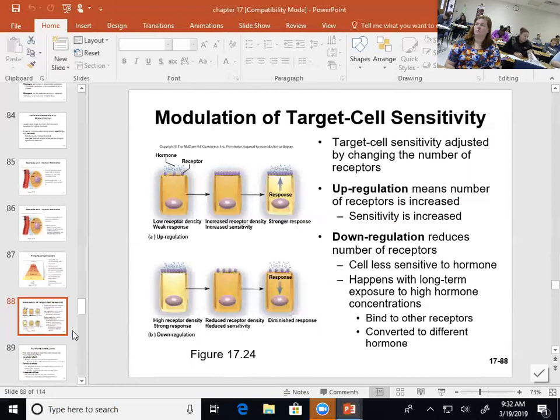So hormone disorders can be complicated, can't they? And even two individuals that had the same kind of hormone disorder might have completely two different types of mechanisms that are causing the disorders. You get what I'm saying? So it can be tricky.